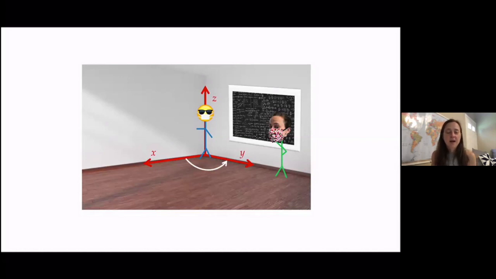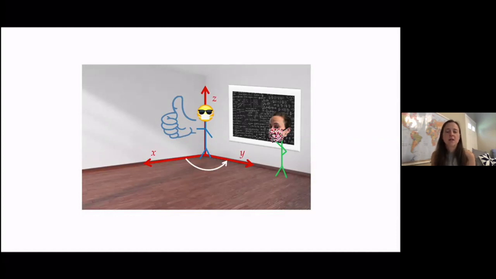So you've got your right hand out and you're curling your fingers from that positive x-axis to the positive y-axis. And if you do that, you should find that your thumb is pointing in the direction of the positive z-axis. So if you try to do this with your left hand and you try to go from the positive x-axis to the positive y-axis, you will find that you have to point your thumb down in order for that to work.